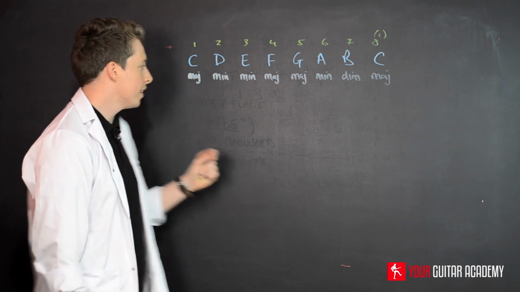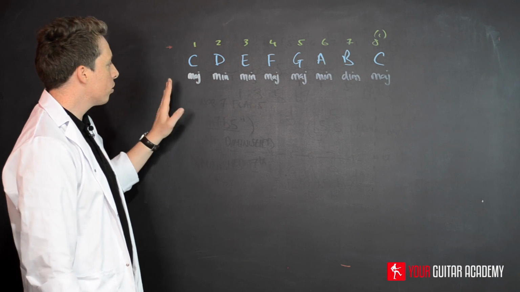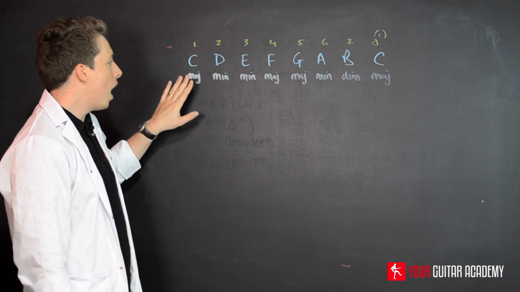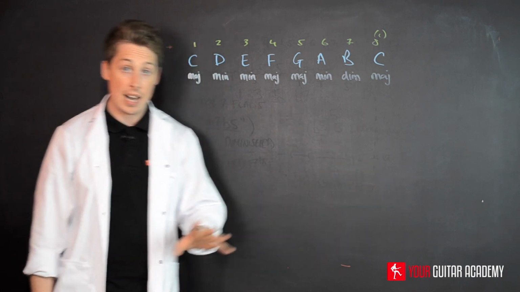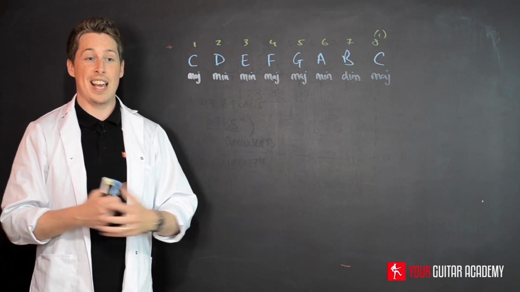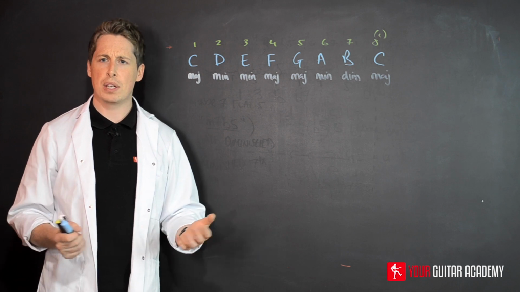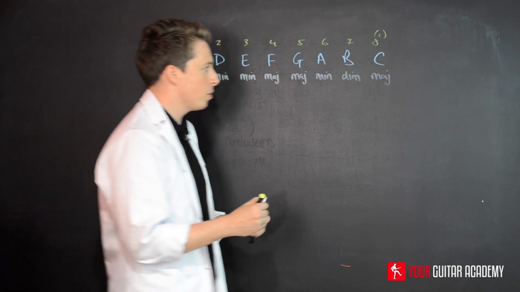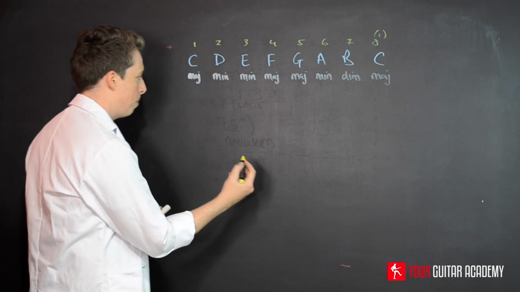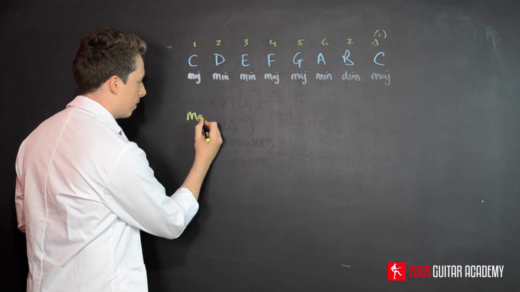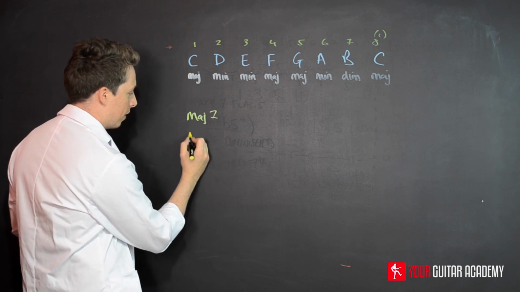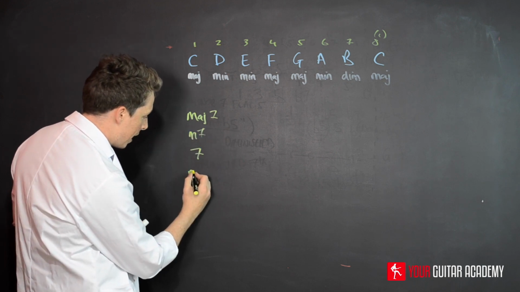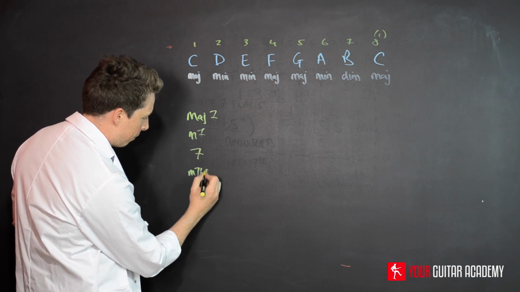Just to remind you. Now, if I want to create, let's just say, for example, this major as a seventh chord, the obvious thing to say is that it's got to be a major 7, right? Because that's the only major chord of the seventh chords. Let me write this out for you: it could be a major 7, a minor 7, a dominant 7, or a minor 7 flat 5.